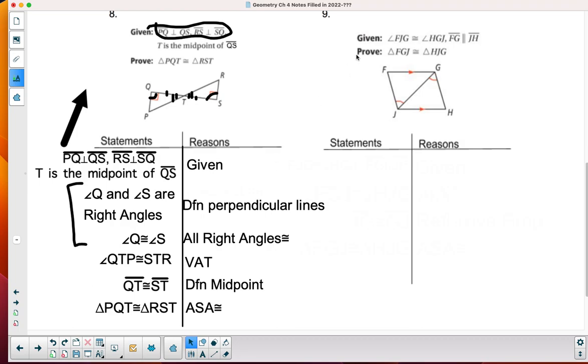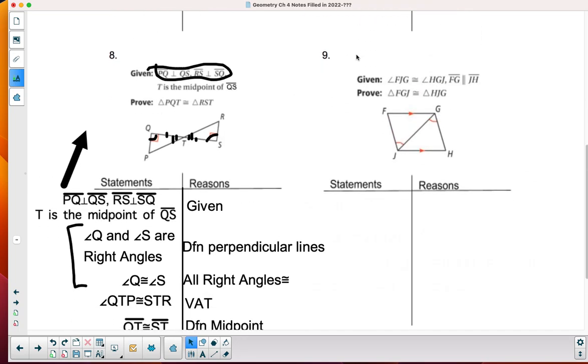Now in number 9, this is our last one on this assignment, we are once again looking at parallel lines. Now, normally we would think, oh, parallel lines, alternate interior angles. But the one before that wasn't. It was corresponding. But look at that. These are my parallel lines. And the parallel lines sandwich my angle.